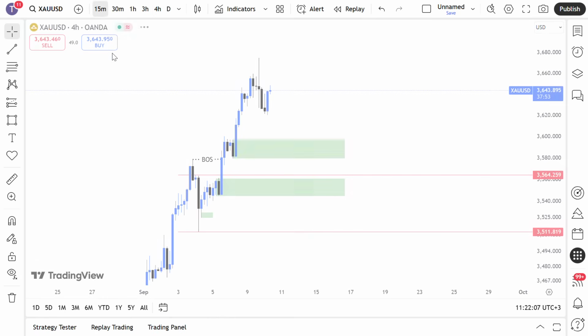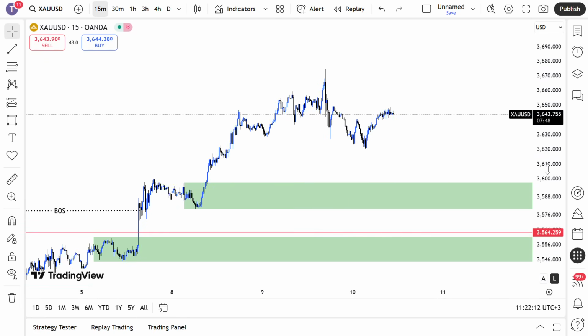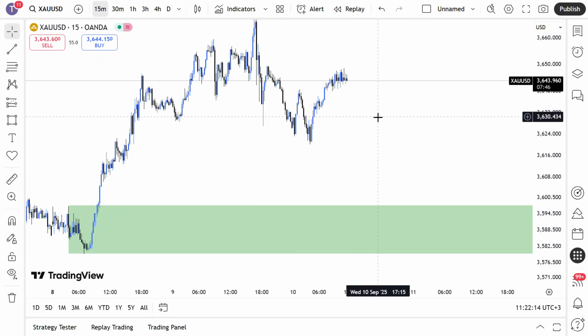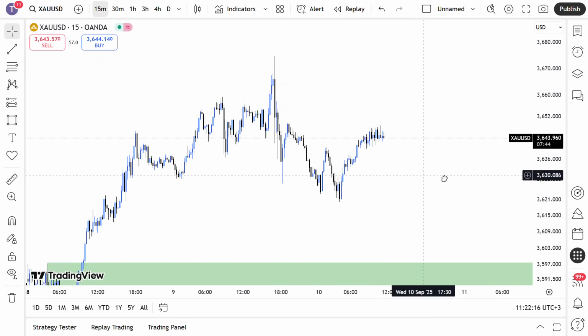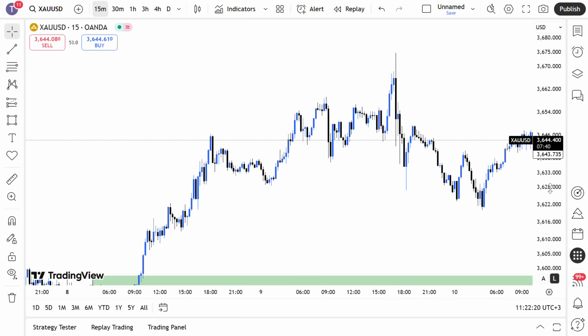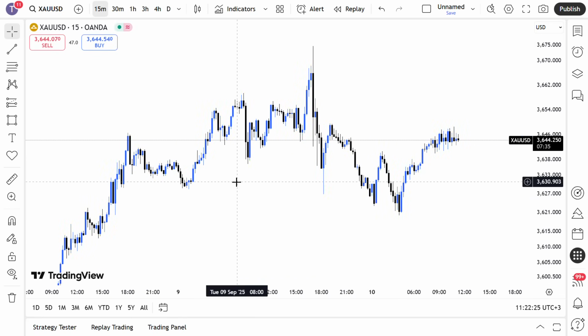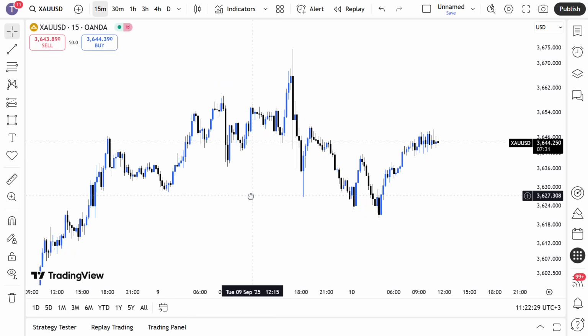So currently on the 15 minutes time frame, we had a very good change of character, and this change of character happened in the same way that I always have my entries. So my entries always, as you all know, I always look for a sweep of liquidity first before I look for my change of character.